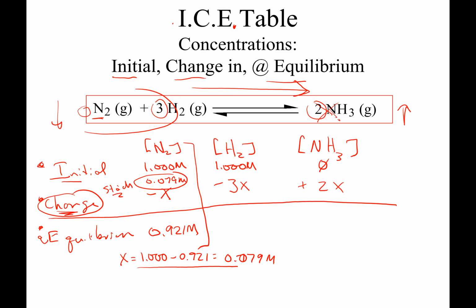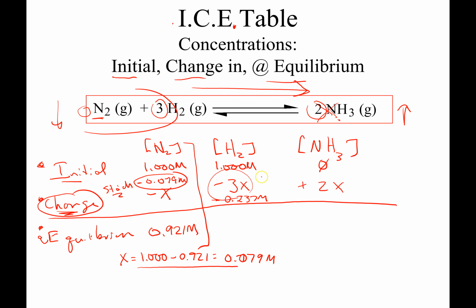Now, based upon that change, can you see what this change would be? This change would be 3 times 0.079, and I get, oh, I should put a negative there. This is going to be a negative 0.237 moles per liter.